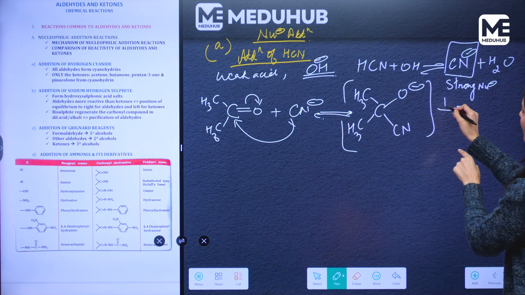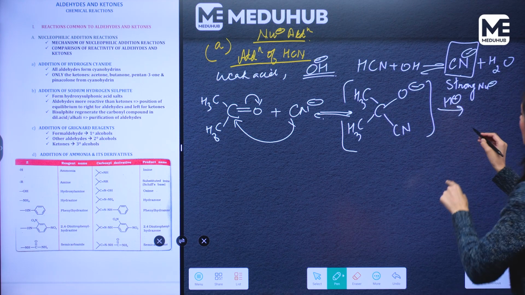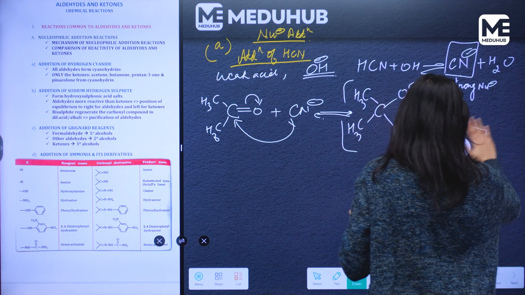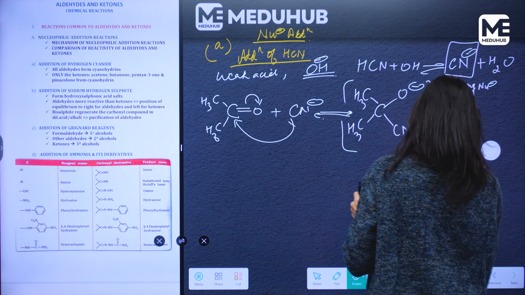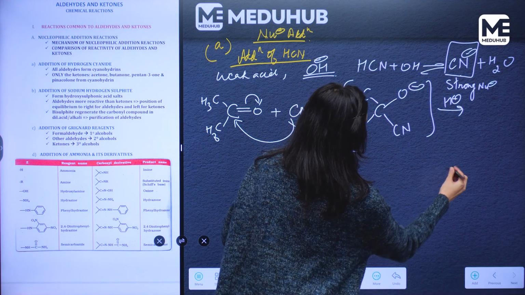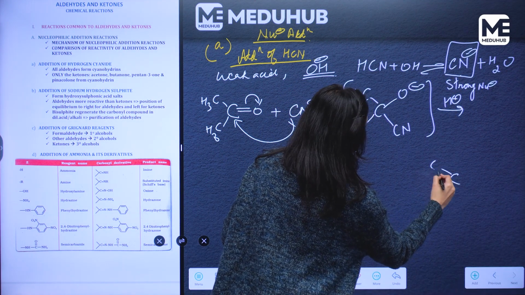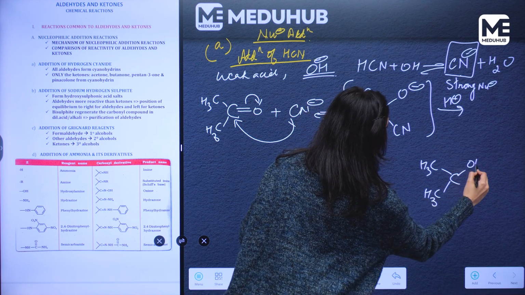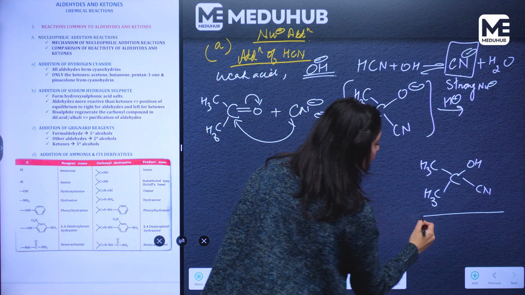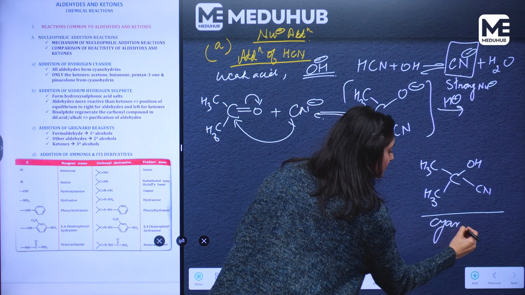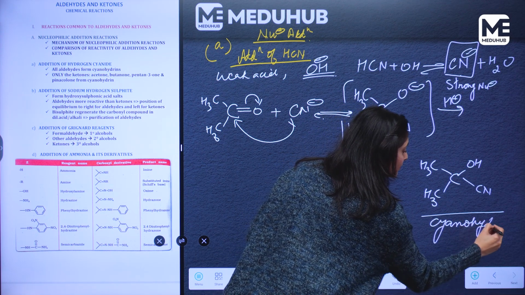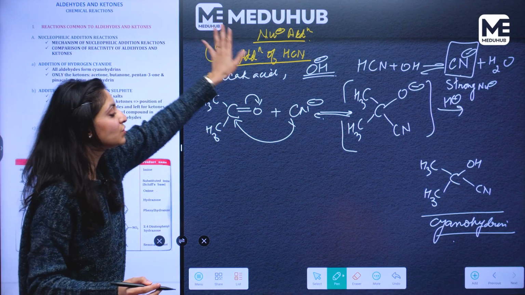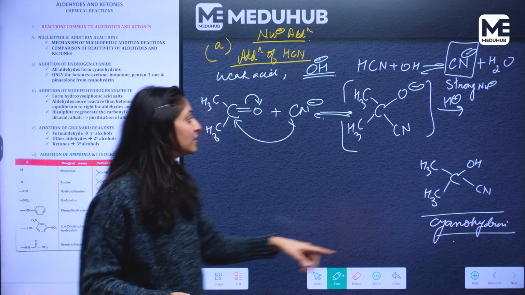This in the presence of acid now will give us CH3, this here, OH and CN. This product is a cyanohydrin. So aldehydes and ketones add on HCN to give a cyanohydrin.